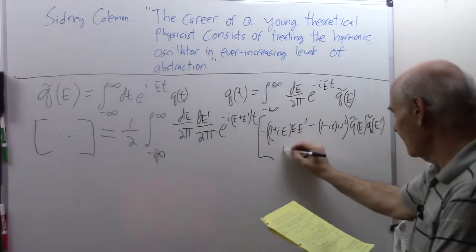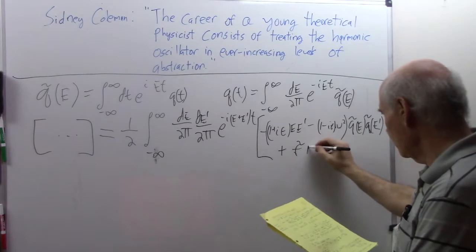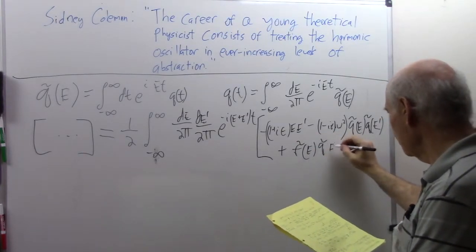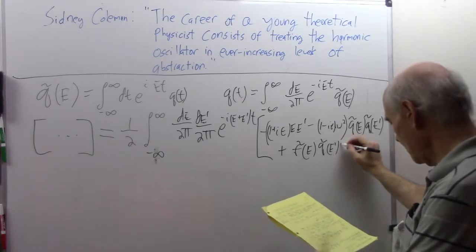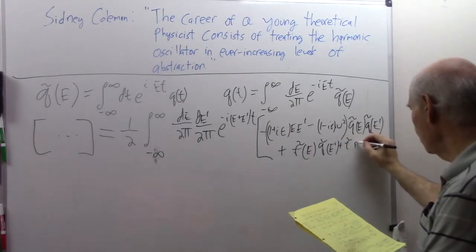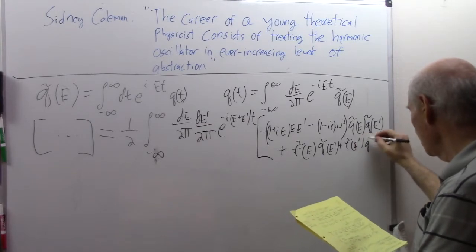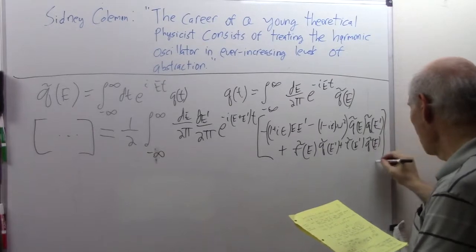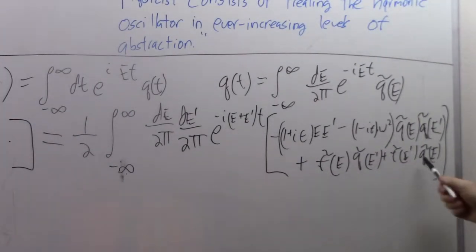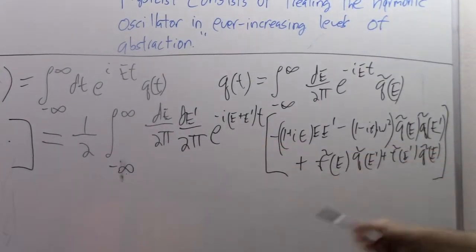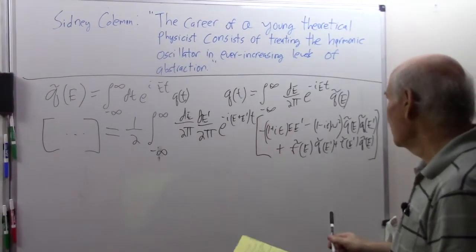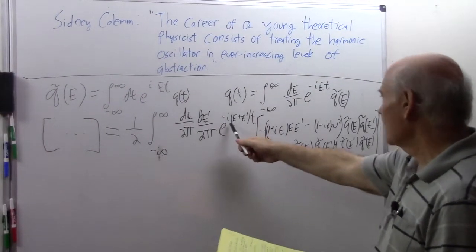And then I have plus f tilde of E, q tilde of E prime, plus f tilde of E prime, q tilde of E. We get two terms because I took a 2 out in front and I just made it symmetric. And so this is the only thing that depends on t.